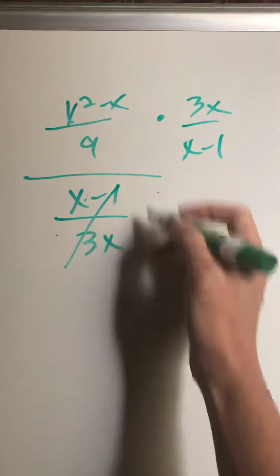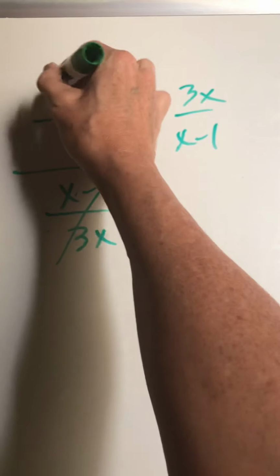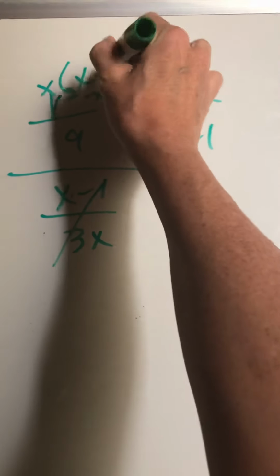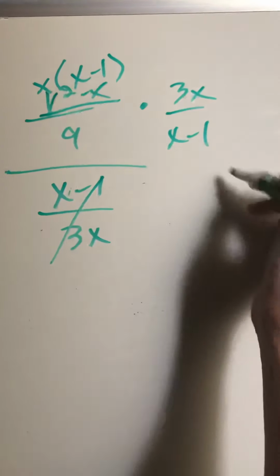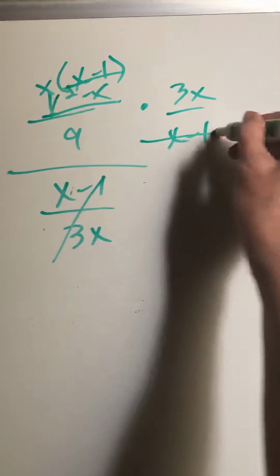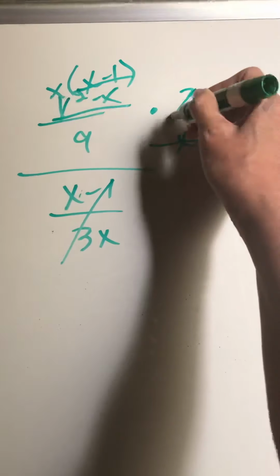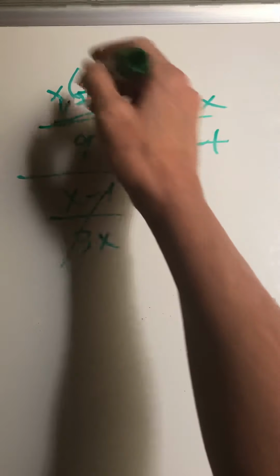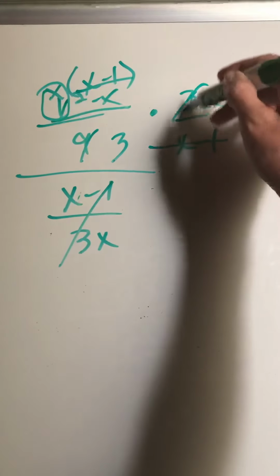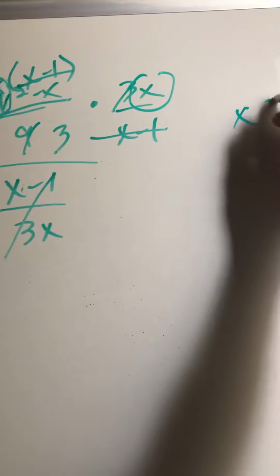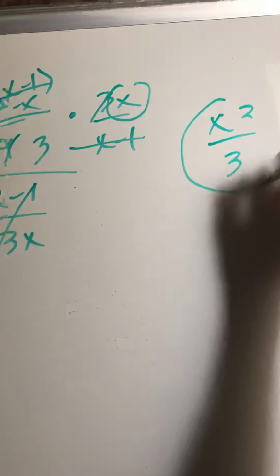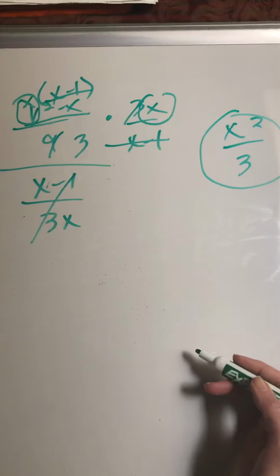And then I can factor x squared minus x. Take an x out. That leaves x minus 1. So then x minus 1 and x minus 1 cancel. 3 can go into 9 and leave a 3. So I've got this x and this x, which is x squared over 3. So that's your final answer on that one.